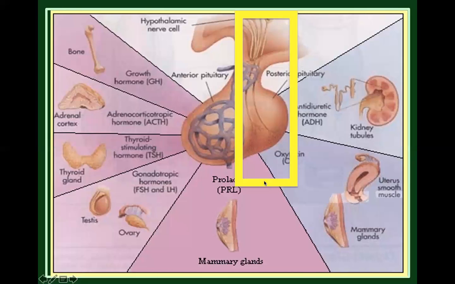So this is the part of your posterior pituitary. You see it's more of neural elements rather than vascular, because this is a continuation of your neural elements from your hypothalamus. So your posterior pituitary will have mainly your antidiuretic hormone or your AVP, which has its main effect in your kidney tubules.